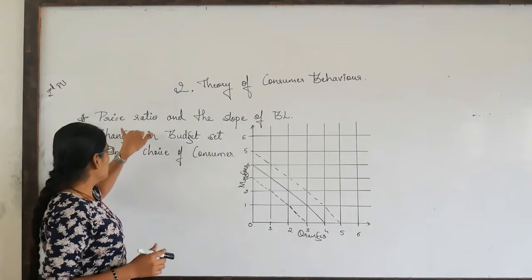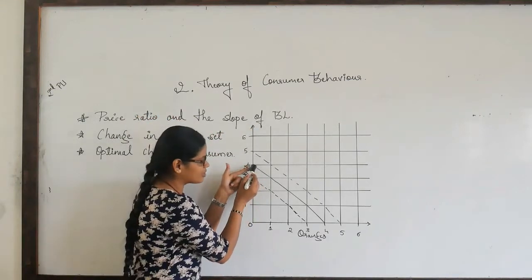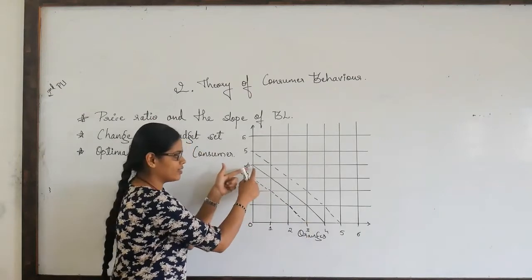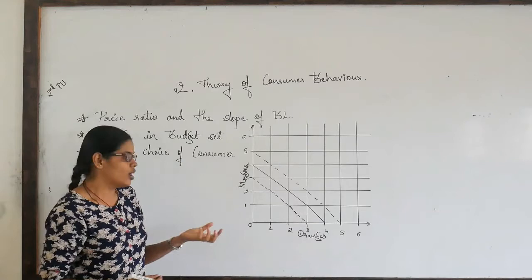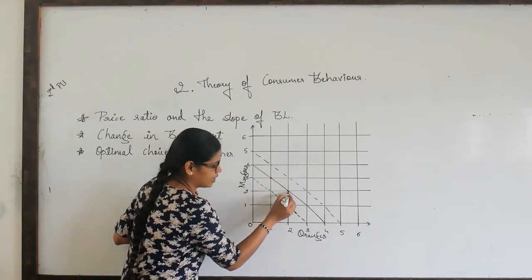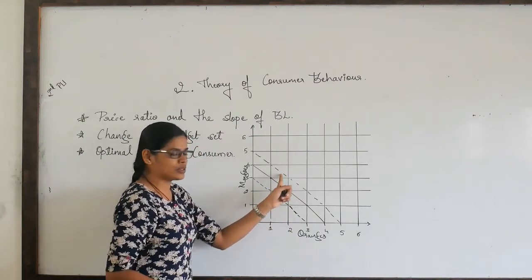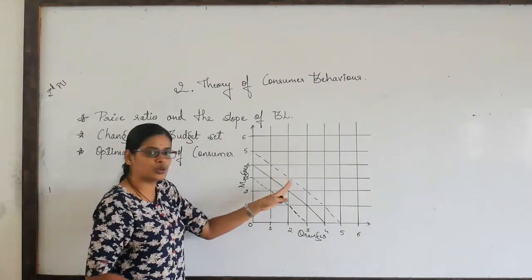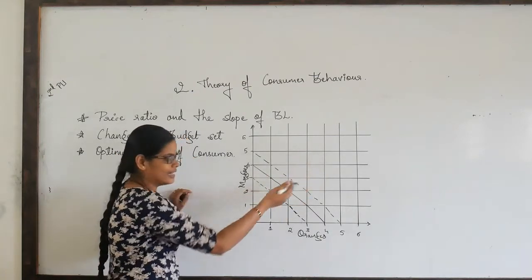Here we are talking about the slope of the budget line. And next, what is this price ratio? If you take any of the points on this budget line, don't think about these dotted lines, which show the imaginary things. We'll talk about these dotted lines later.